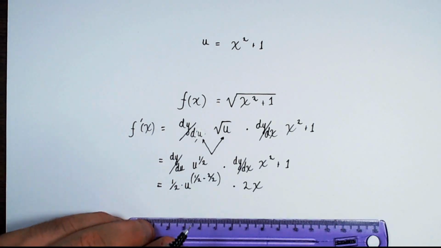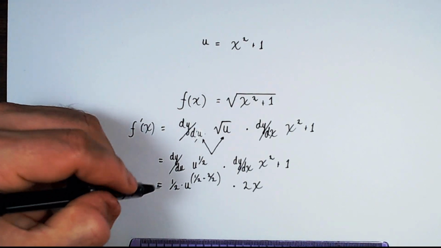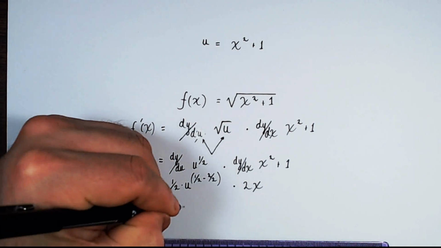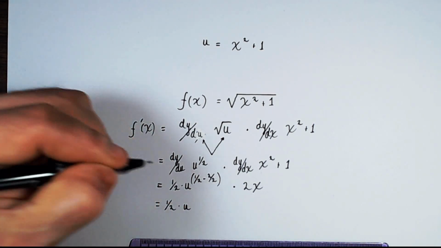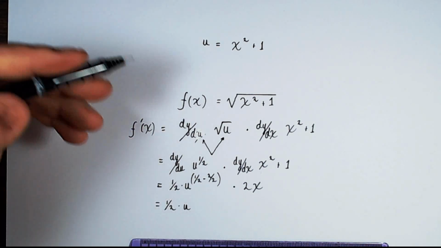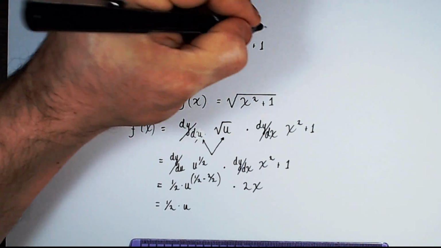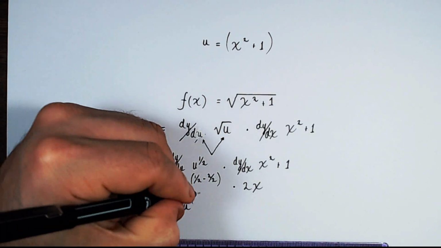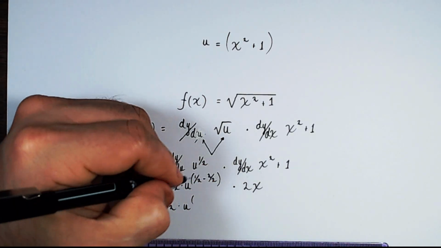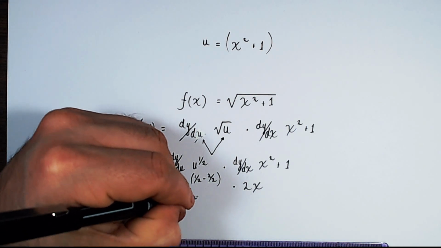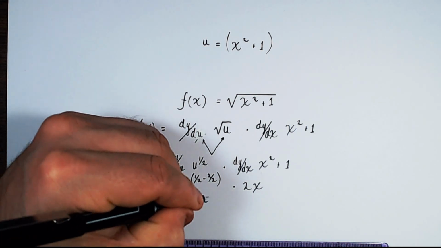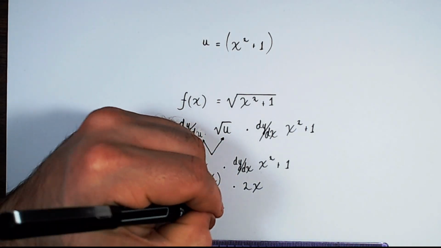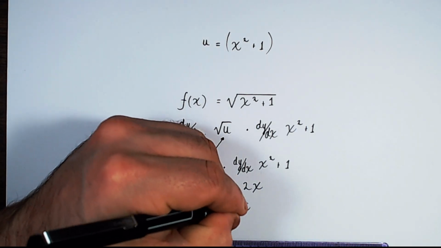Let's see what we get. So I have 1/2 times u. Remember, u is just a placeholder for this. 1/2 u raised to the negative 1/2 power, so that's going to be in the denominator, times 2x.